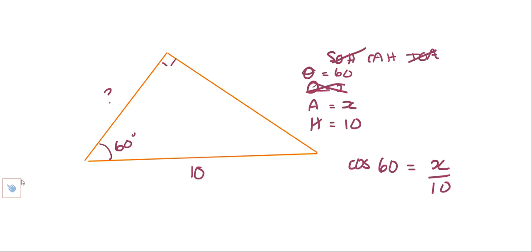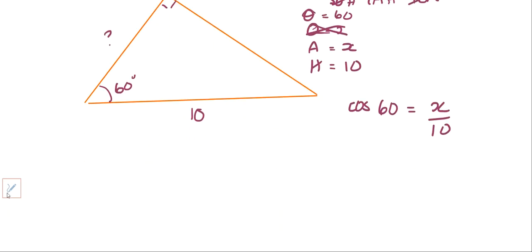Okay. So how would I now find x? So it'd be 10 times cos 60 equals x. I'm not allowed my calculator. Stop using it. Sorry. Alright? So how do I know what 10 times cos of 60 would be?